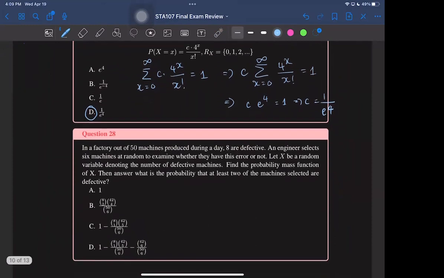If not, then please attempt question 28. You can just answer what is the probability that at least 2 of the machines selected are defective.